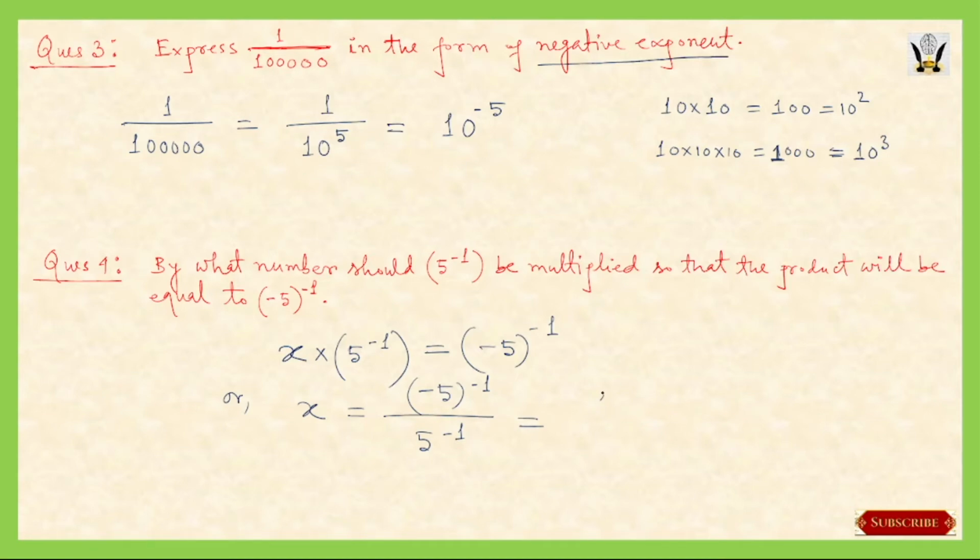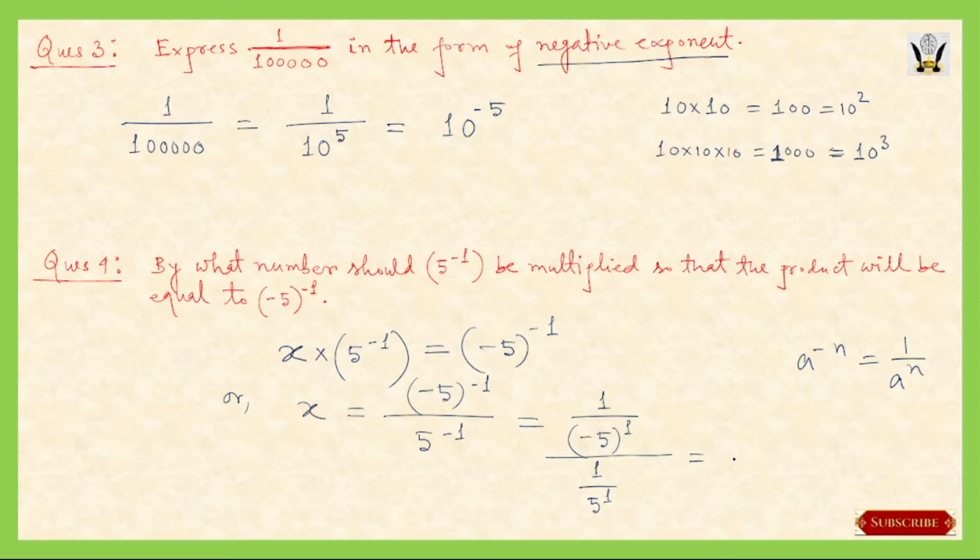So it will be 1 divided by minus 5 to the power 1. As it was minus 5 to the power minus 1, so it is 1 divided by minus 5 to the power 1. a to the power minus n will be equal to 1 divided by a to the power n. Now we have in the denominator 5 to the power minus 1. So this will be expressed as 1 divided by 5 to the power plus 1.